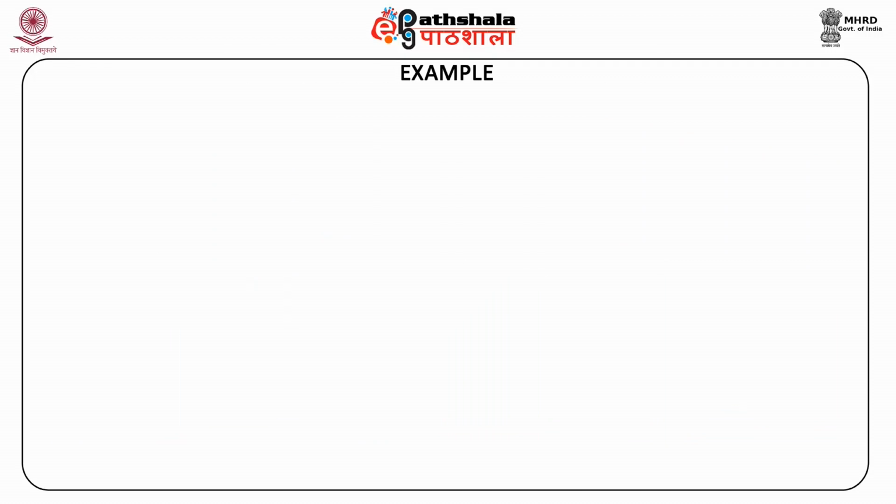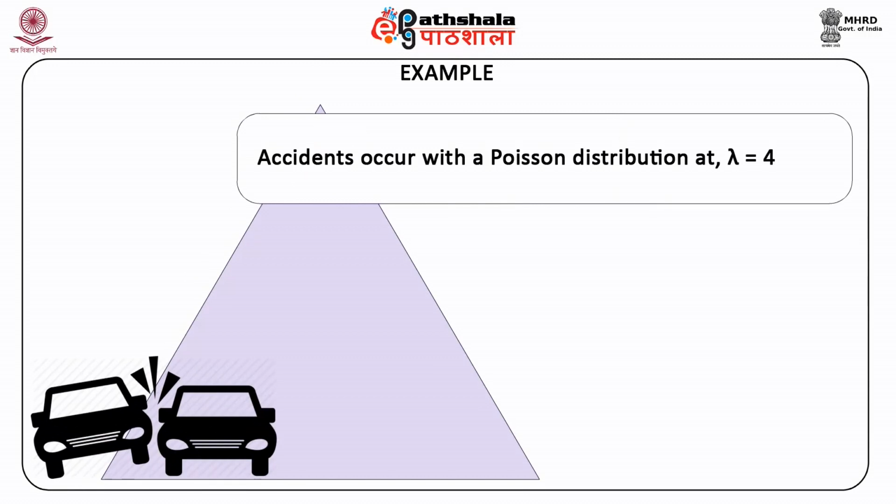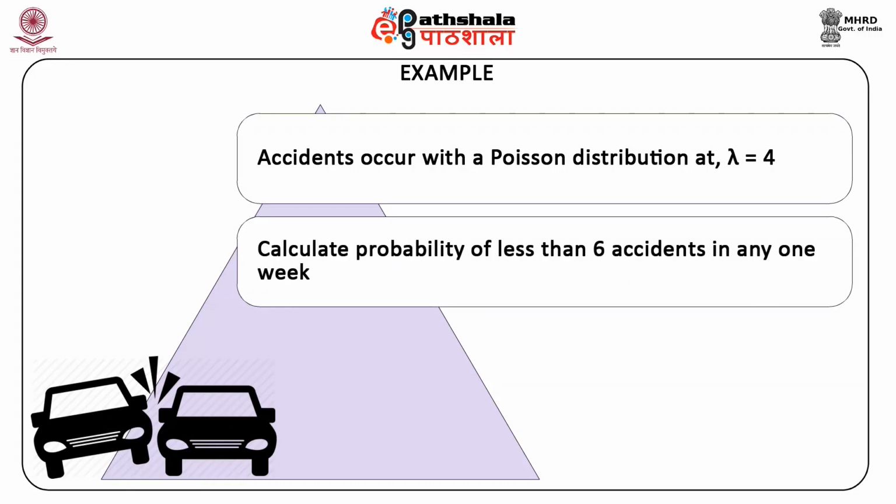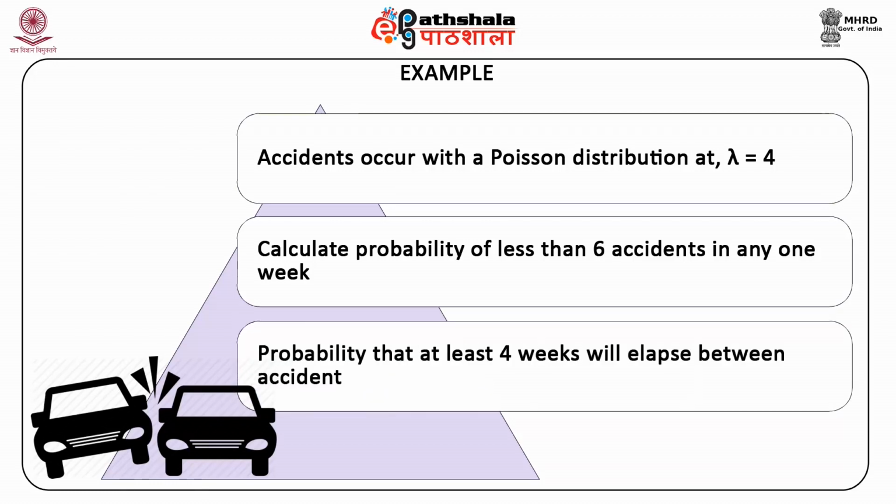Let us understand the exponential distribution with the help of an example. Accidents occur with a Poisson distribution at an average of 4 per week, that is, lambda equal to 4. Calculate the probability of less than 6 accidents in 1 week. What is the probability that at least 4 weeks will elapse between accidents?